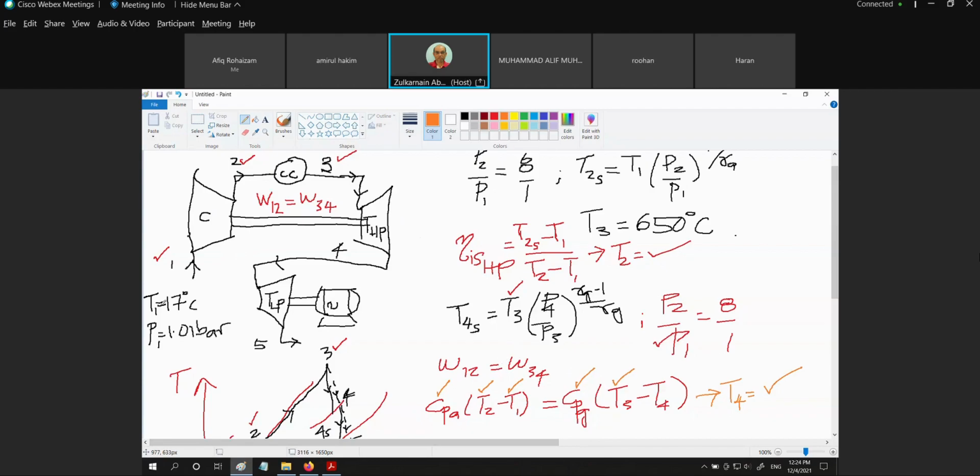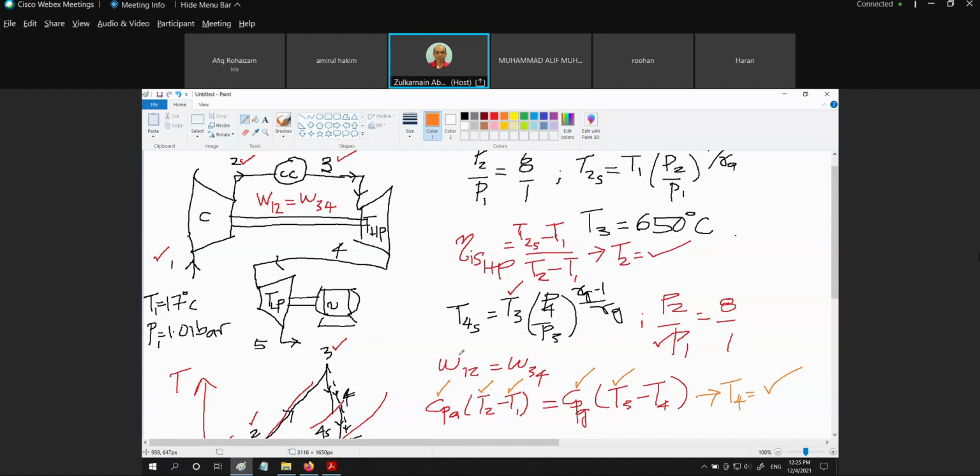This formula, W12 equal to W34, is only valid for this arrangement. If one shaft connects all the four devices, which are the compressor, turbine high pressure, turbine low pressure, and electrical generator, you cannot use this formula.